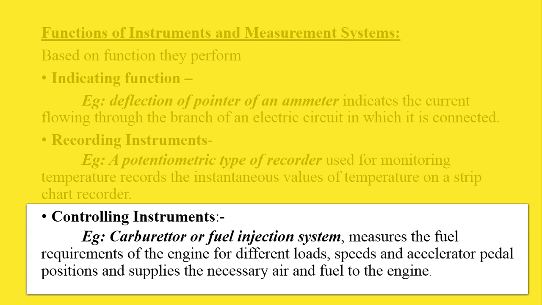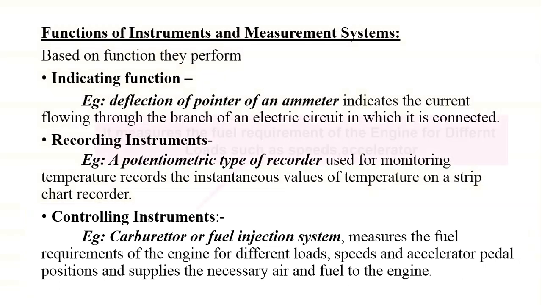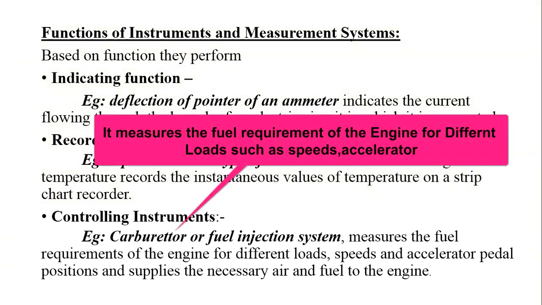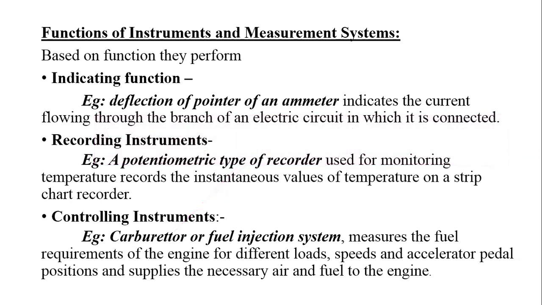It measures the fuel requirement of the engine for different loads, speeds and accelerator pedal positions, and accordingly supplies the air and fuel to the engine based on the load, speed and accelerator pedal position. This comes under controlling instruments.